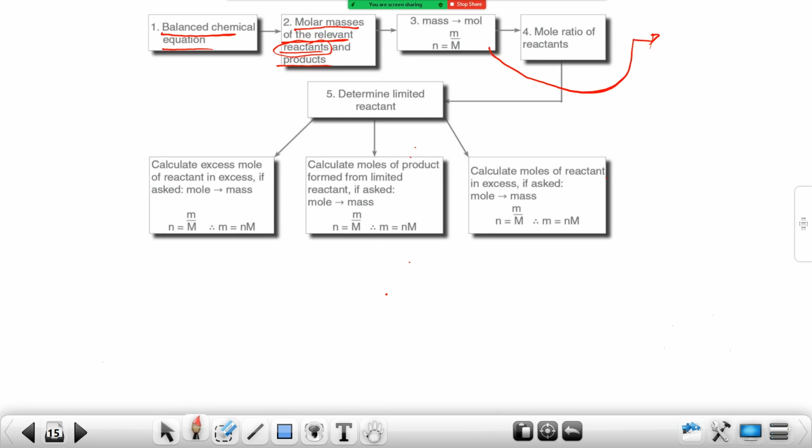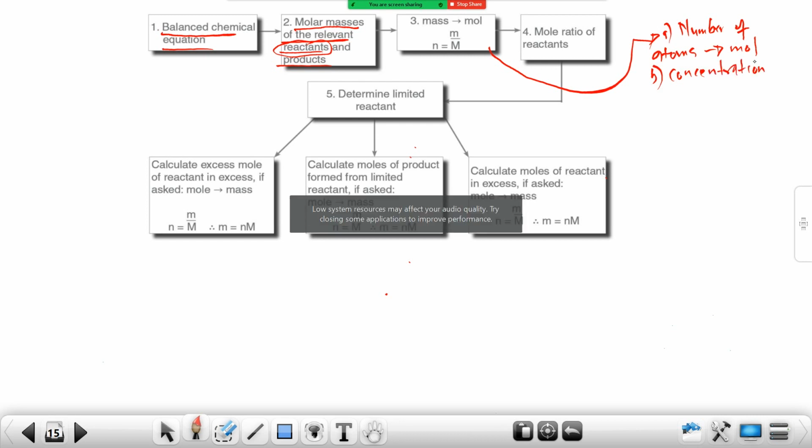At number 3, the first one is mass to moles. I am going to add A or B, which will be now number of atoms to mole. I'm going to add now AB, concentration to mole.